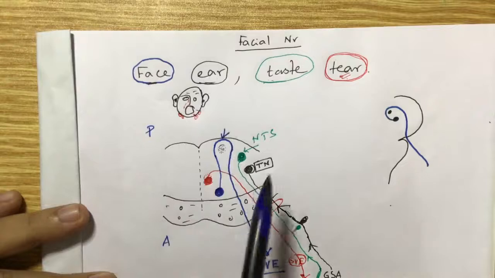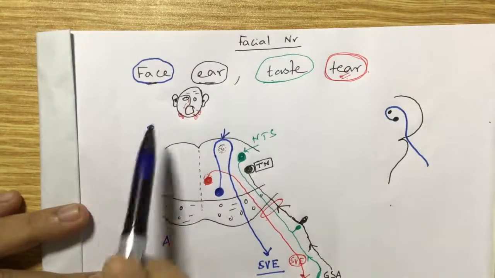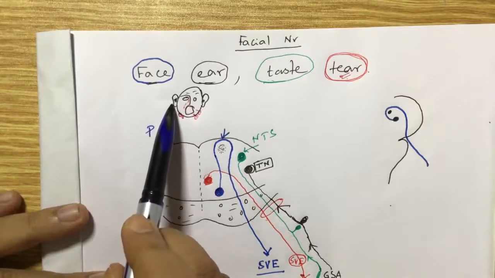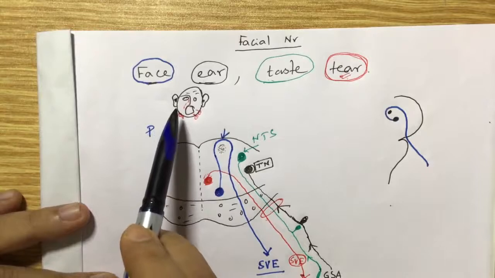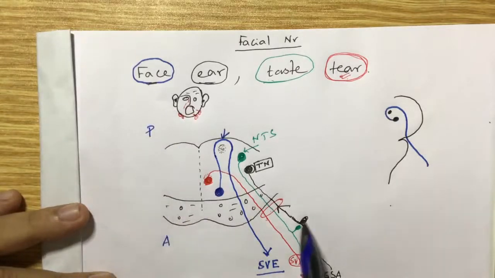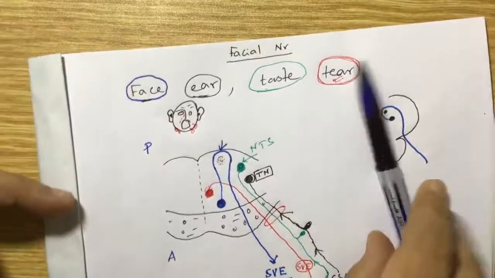Second, ear. From the concha, the cutaneous sensation is carried first by the vagus, then it is handed over to the facial, then the cell body is present in the geniculate ganglion.